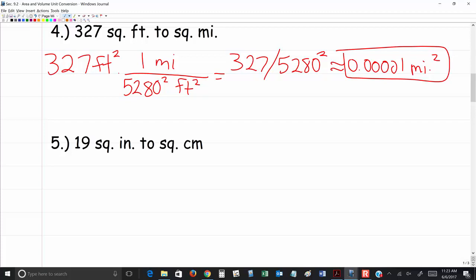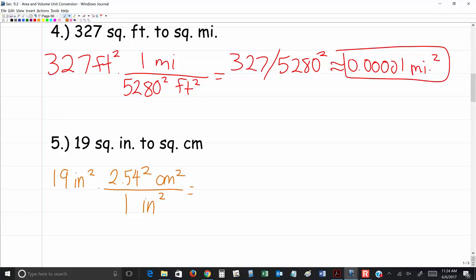Alrighty, 19 square inches. So let's see, to square centimeters. All right, my conversion factor is 1 inch equals 2.54 centimeters, and now I'm going to change it to squared. So 1 square inch equals 2.54 square centimeters.